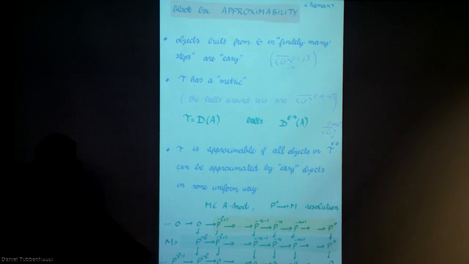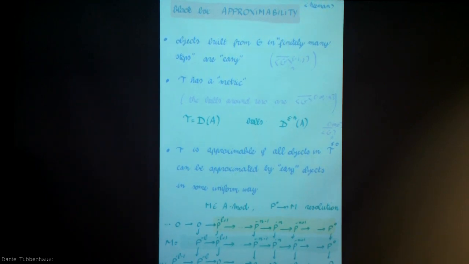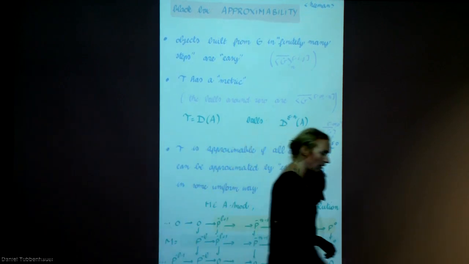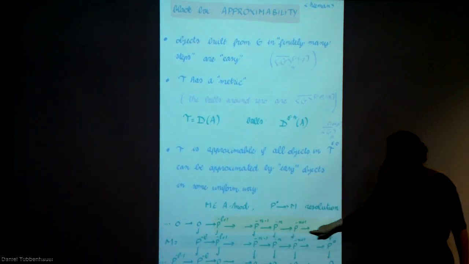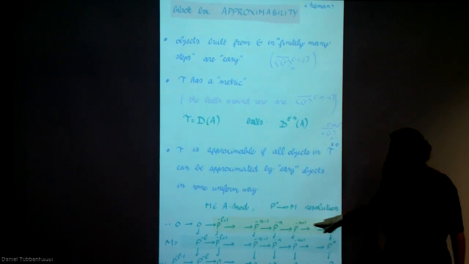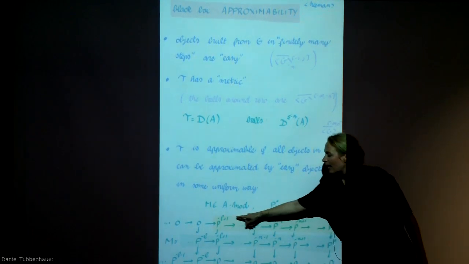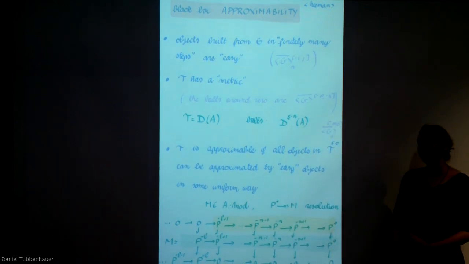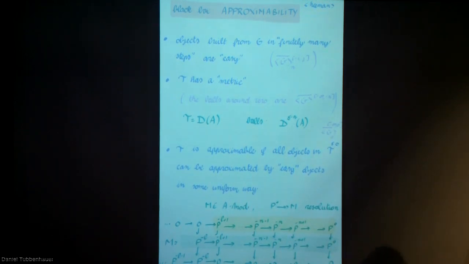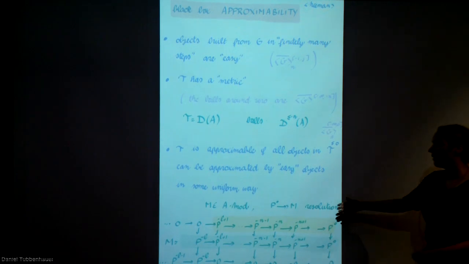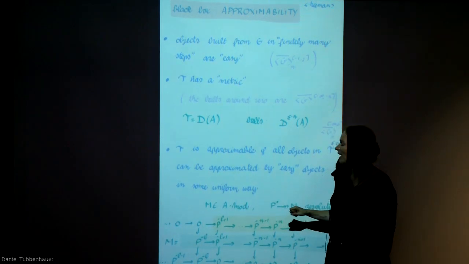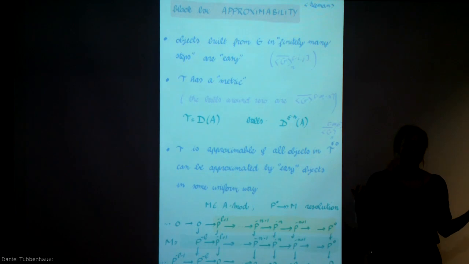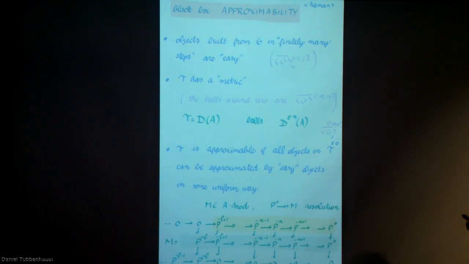So you're in a ball closer and closer to 0. Right? So we are approximating by these objects. And these objects can always be built out of my generator A in infinitely many steps. Right? So this is the proof that the derived category of A modules is approximable. Okay, any questions so far?